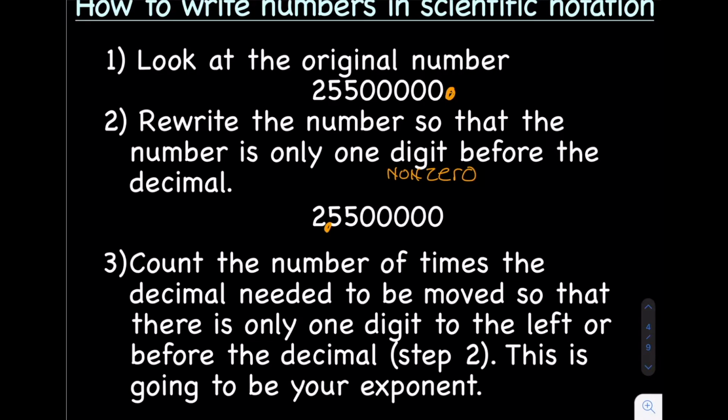So let's move the decimal and see how many times it took us to get it between the 2 and the 5. 1, 2, 3, 4, 5, 6, 7. It took 7 moves. That's our exponent. So what we really want is 2.55, move the decimal 7 times. We really only want 2 digits after the decimal. I don't need all of this junk.